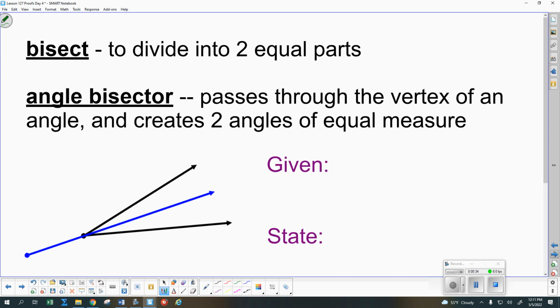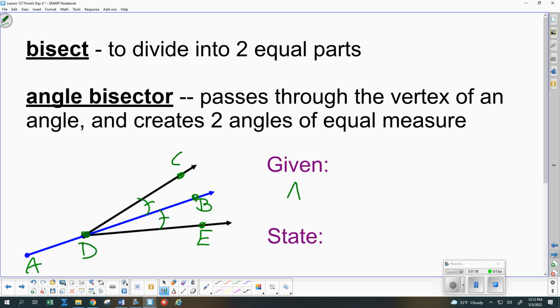If we have an angle bisector, it goes through the vertex of an angle, and this blue line cuts my black angle into two congruent angles. So if I wanted to label that, let's suppose this was AB, and then I'll let my angle be CDE. So add your labels to your pictures.